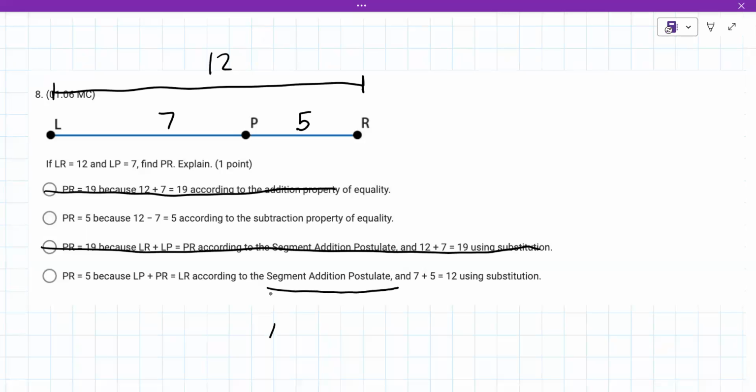What that means is that LP, well, they say it right here, LP plus PR equals LR. Got it. Now, the other one says that it's the subtraction property of equality.